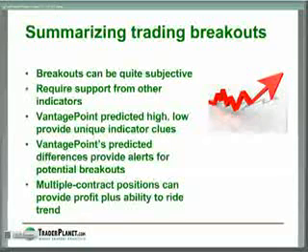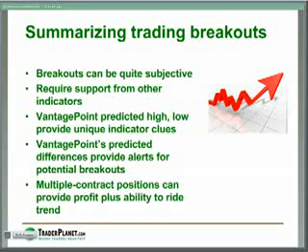As I mentioned, when I use the Vantage Point indicators, the predicted highs and lows set up a channel that I use, which is different than pivot points or a lot of other channels that other people might use. But I like to have some kind of support, some kind of confirmation from other indicators, like the predicted moving averages and the predicted differences.